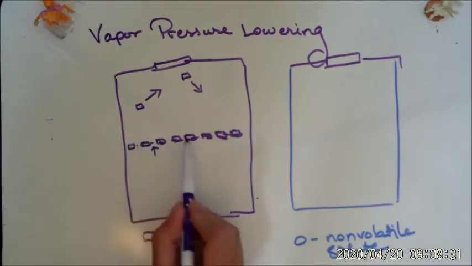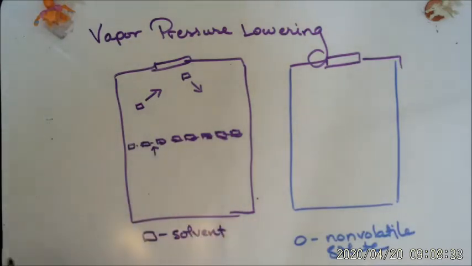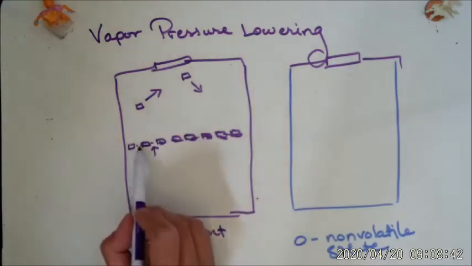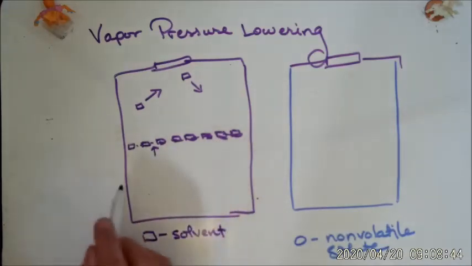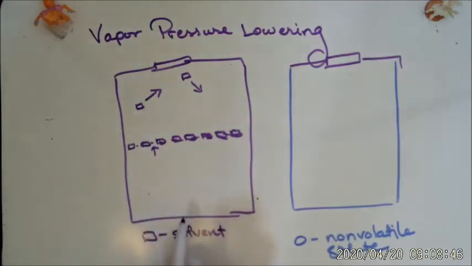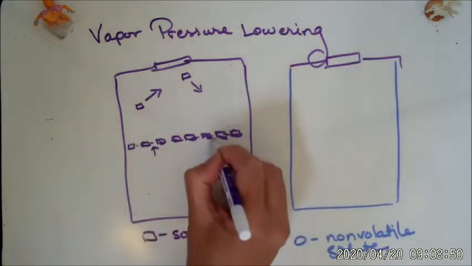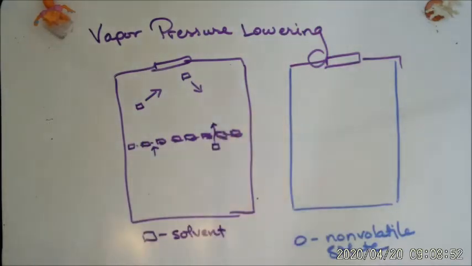So here's my surface tension. I have enough energy to break it and to go into the gas state. But there's another aspect to it too. For this to happen, be aware that if I have a smaller surface area, I have less opportunity to break out and go into the gas state.